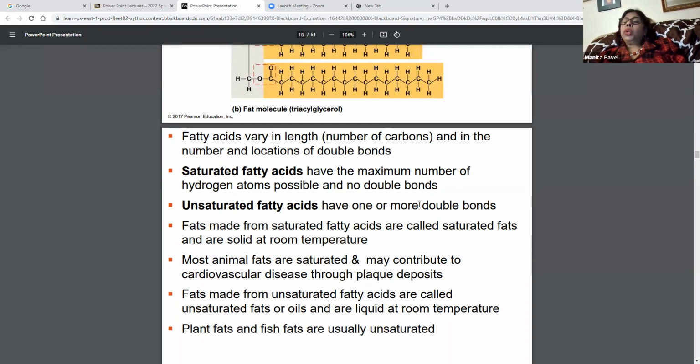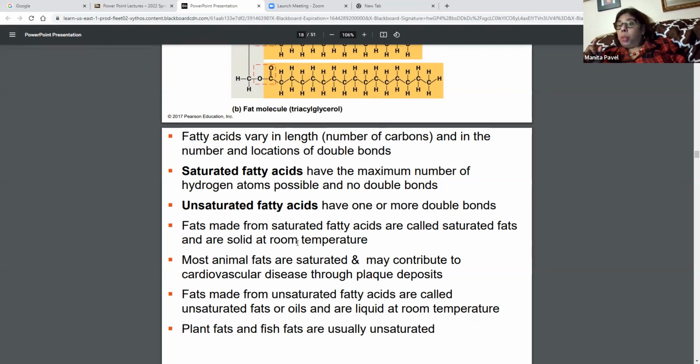The second point about a saturated fatty acid is that it is a solid at room temperature. The third point is that all animal fats are considered to be saturated fatty acids, and they are unhealthy.